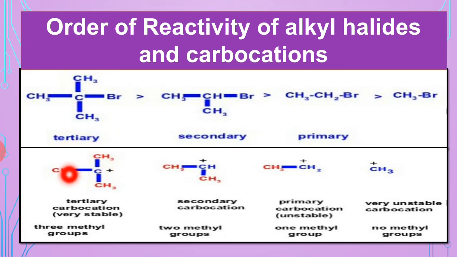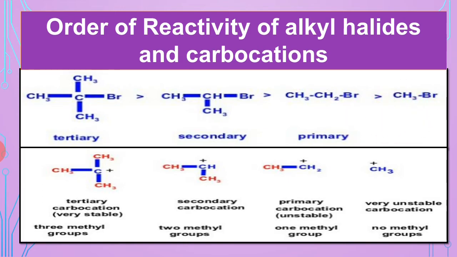Because these bulky alkyl groups are electron releasing groups, and the carbocation is electron deficient, and hence they stabilize it. So the order of reactivity of SN1 reaction is that tertiary is more stable than secondary, then primary carbocation, and then methyl.